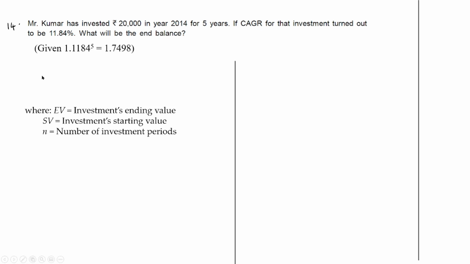Next question, Mr. Kumar has invested rupees 20,000 in the year 2014 for 5 years. If compound annual growth rate turned out to be 11.84%, what will be the end balance? Here again compound annual growth rate is given and the starting value is given. We need to find the ending value.